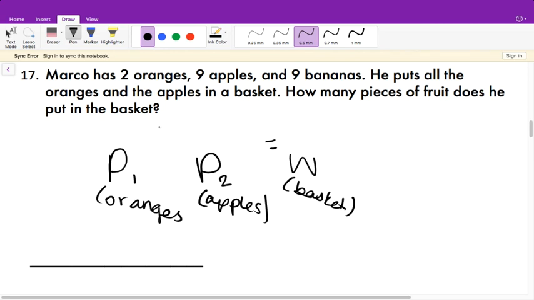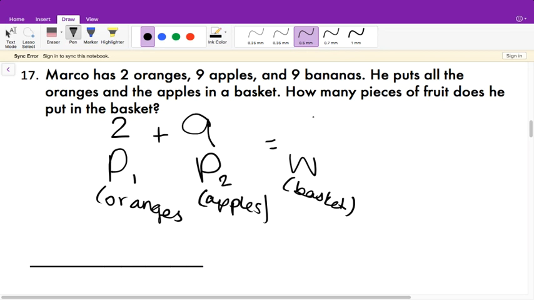Okay, so now let's look and see what information that we have. Do we know how many oranges Marco has? Yes, we do. You're right. He has 2 oranges. So we're going to write 2 for part 1. Do we know how many apples Marco has? Right, he has 9 apples.